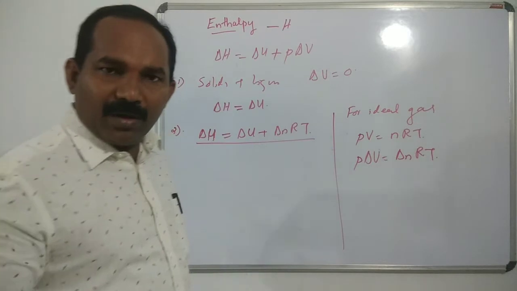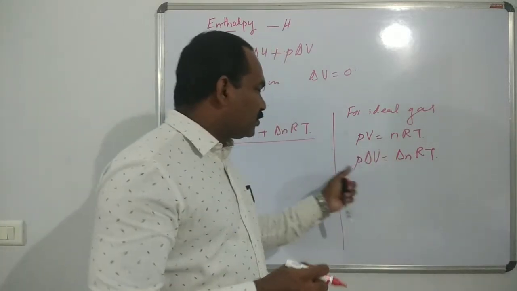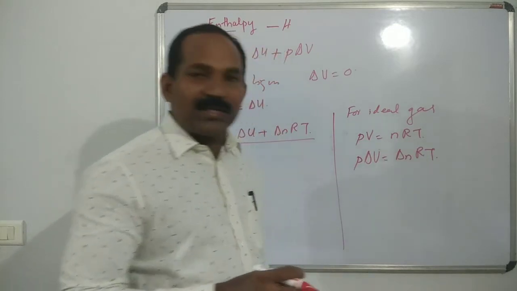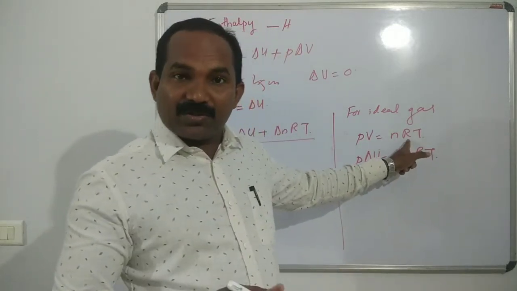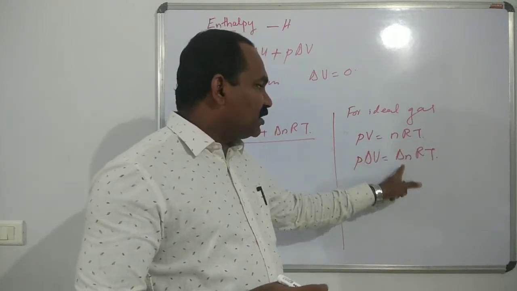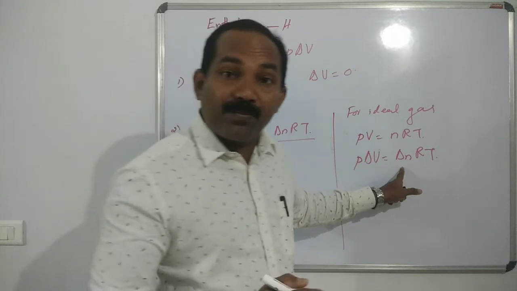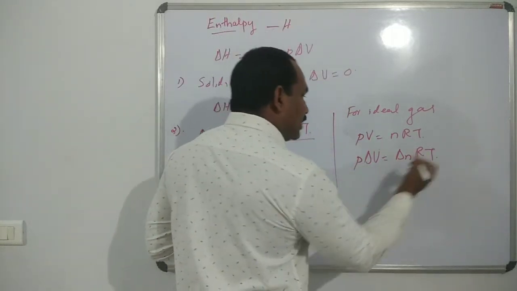A very simple relationship. PV is equal to nRT, so P delta V is equal to delta nRT, because R is a constant and temperature is constant. So these two are constant and the change happens only in the number of moles.